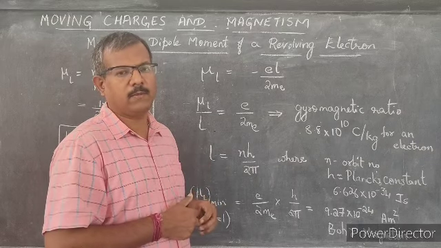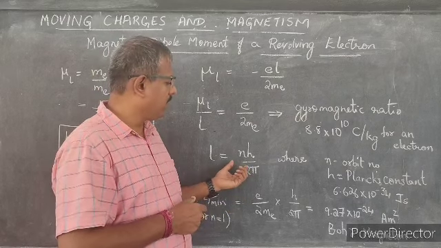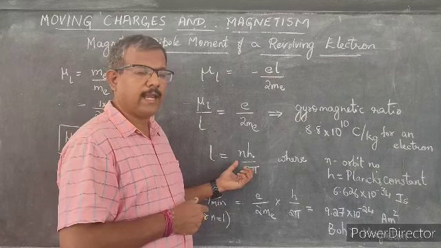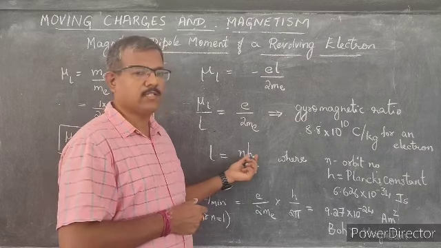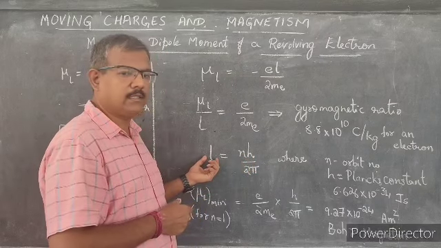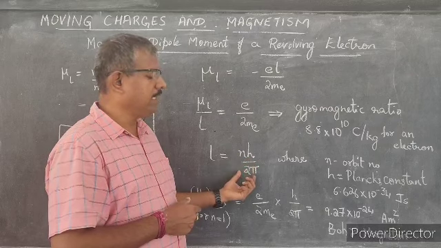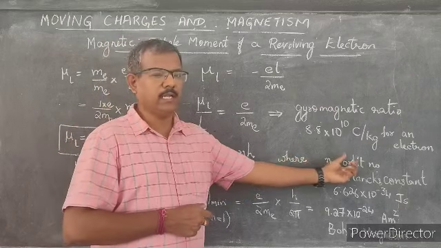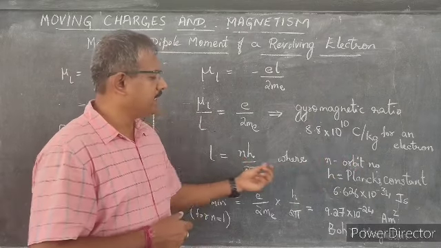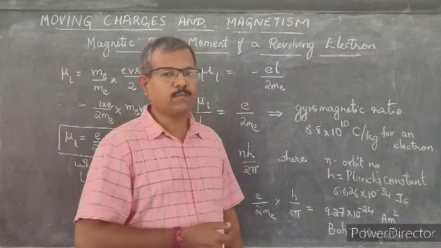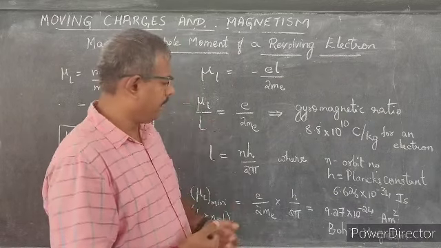They don't have random orbits but specific orbits of fixed energies. Now, one way of characterizing the energies associated with these orbits was by using the Planck's constant. So here too the angular momentum is given in terms of nh by 2 pi, where n is the orbit number which can take values 1, 2, 3 and upwards, and h is the Planck's constant given by 6.626 into 10 power minus 34 joules second.